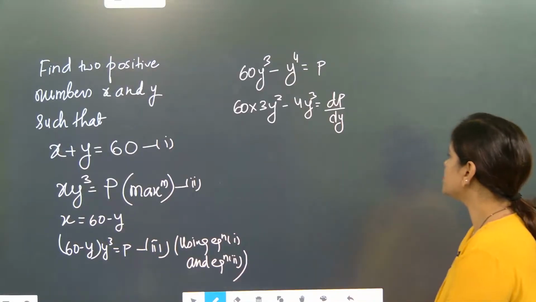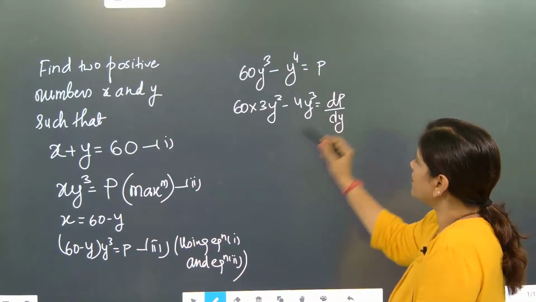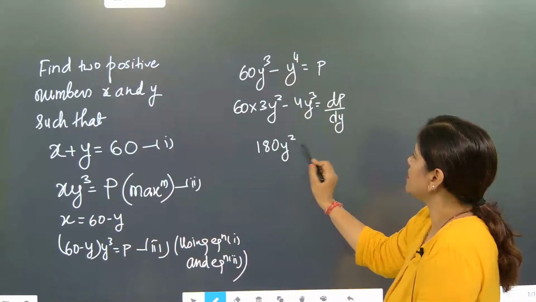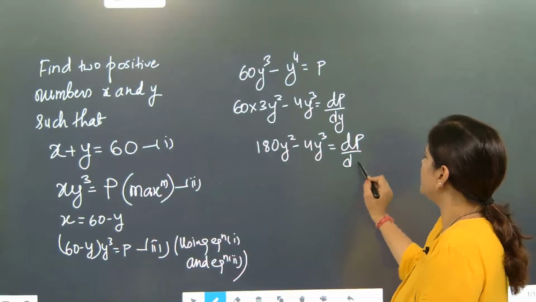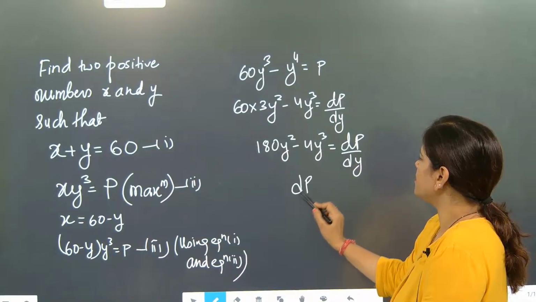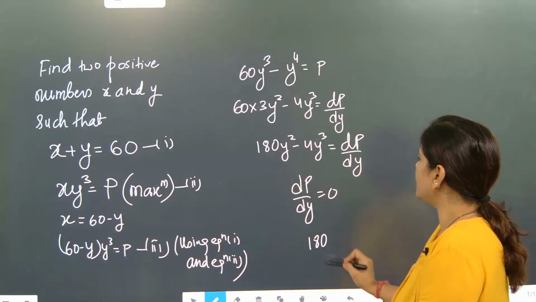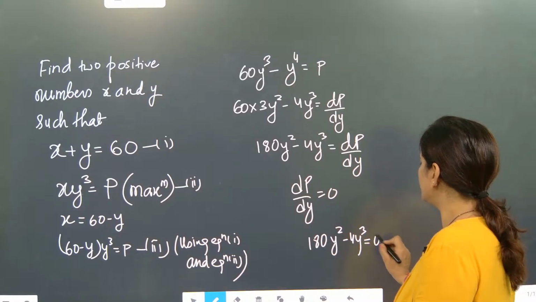Next one you are doing is 3 into 60, so this part is dp by dy. So 6 3s are 18, 180y square minus 4y cube is equal to dp by dy. So now dp by dy equal to 0 we will put. Once we are putting this, it will come 180y square minus 4y cube is equal to 0.